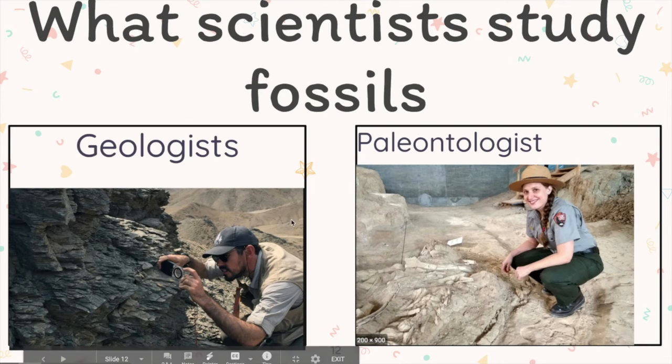A geologist, like we can see in this picture, the man, you can see he is looking and observing the different rocks. The job of a geologist is to study rocks and learn more about rocks.